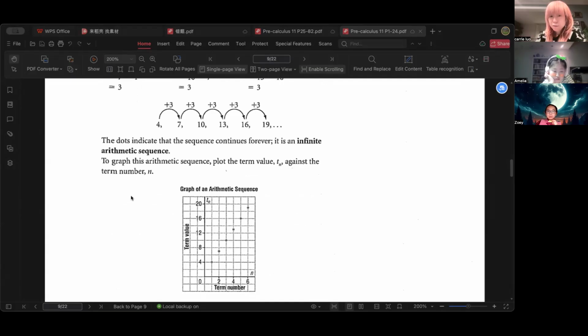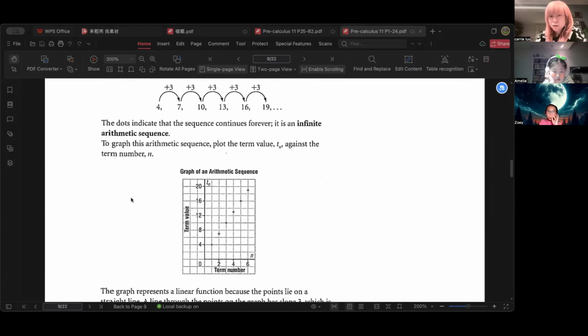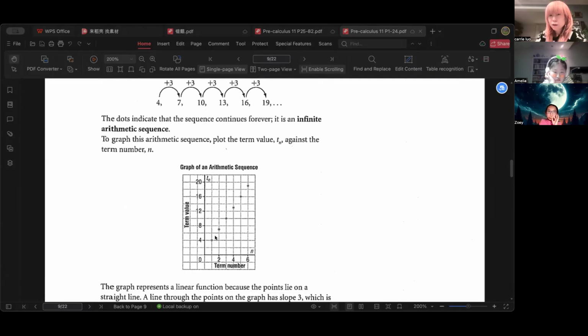To graph this arithmetic sequence, plot the term value Tn against the term number n. It can go all the way, right? But if I connect this line, Zoe and Amelia, you're going to find out they're actually sitting on the same line.